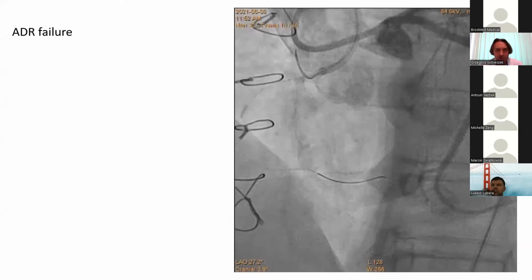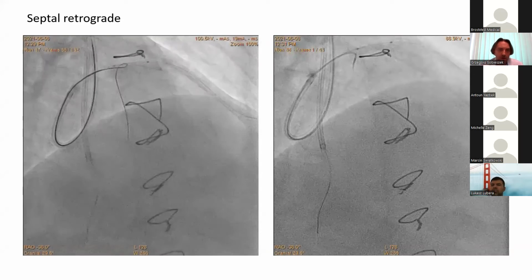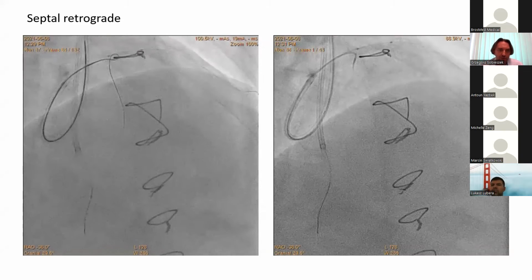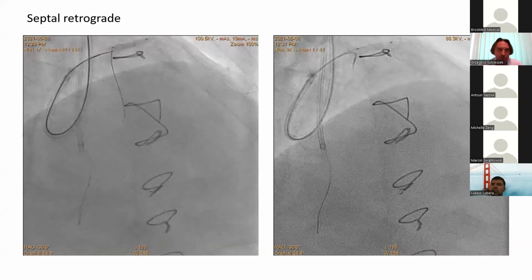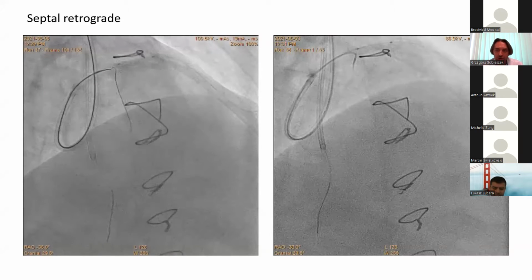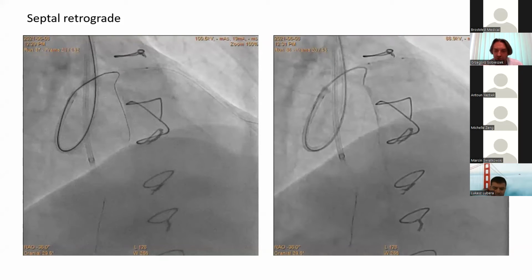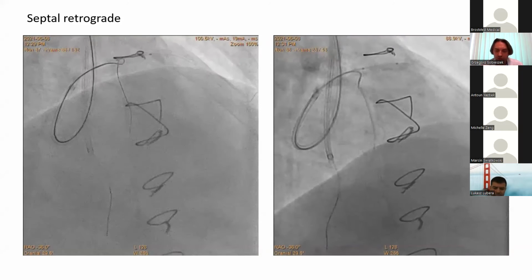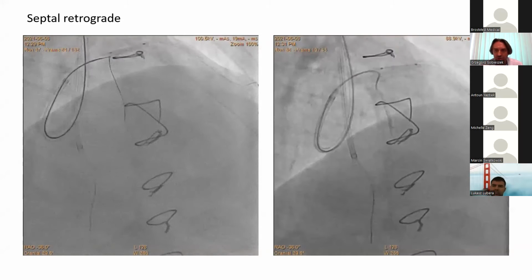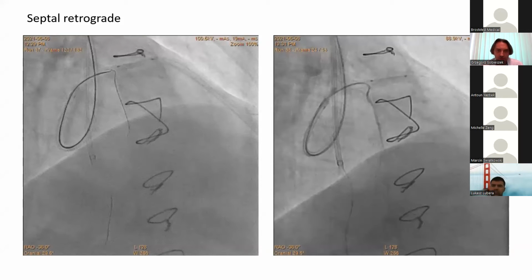So we changed strategy to retrograde, and because of the angle of the septal, we inflated a balloon in the LAD to progress with the microcatheter to the septal. And then we performed surfing and tip injections, but we did not find any connection, as you can see.